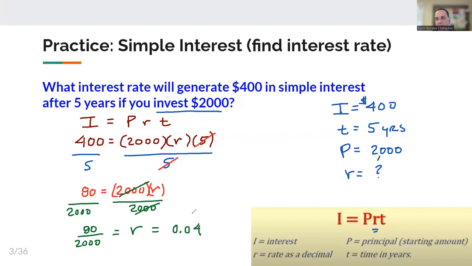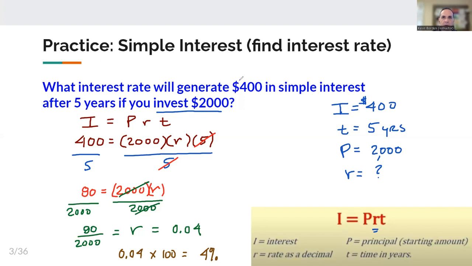0.04. Now, when we find the rate this way, we have to remember that this is our rate as a decimal. And if we want to convert that into a percent, and we do, we have to multiply that by 100. So we're going to do the opposite of what we did in the other problems. Instead of dividing by 100, we're multiplying by 100 to get a percent, and we get our answer of 4%.